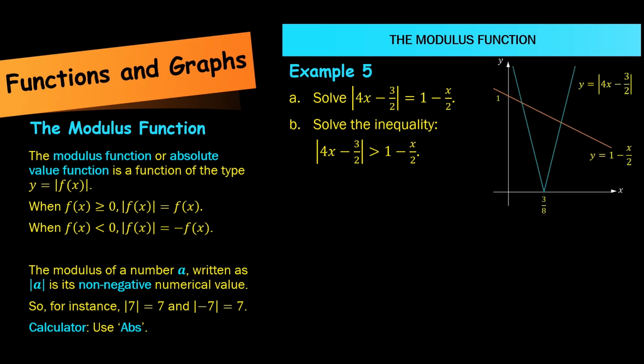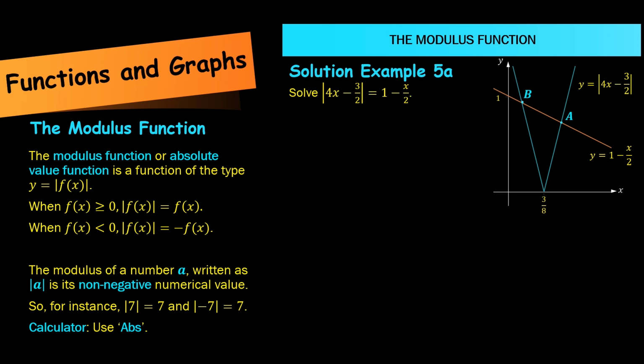So here's a sketch. We have y equals mod 4x minus 3/2 in red, and we have y equals 1 minus x over 2 in blue. There are clearly two intersection points, so we're going to find two solutions for x.